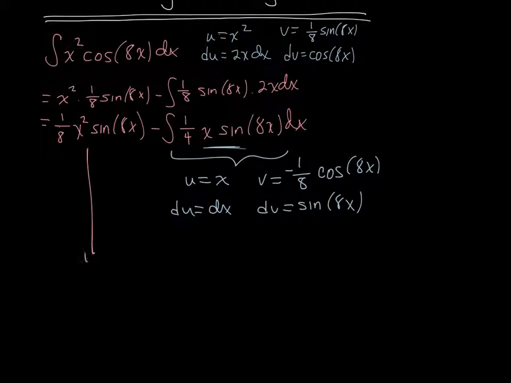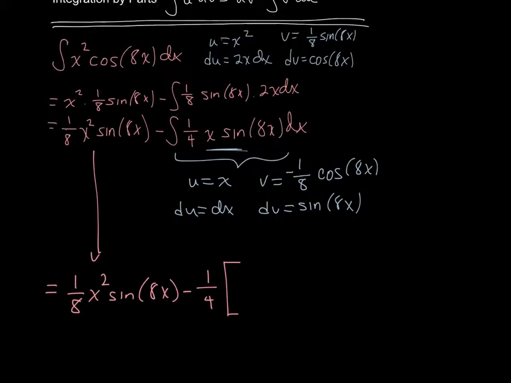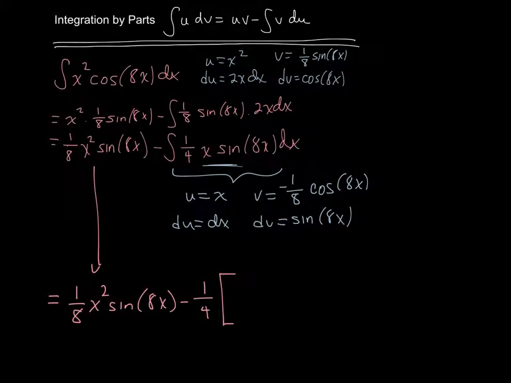And so I just rewrite this. This piece right here is just going to come down as 1/8 x squared sine of 8x. I'm going to throw this 1/4 out front. And so now I'm back to my formula again up here, and I'm going to use this information to write my integration by parts.